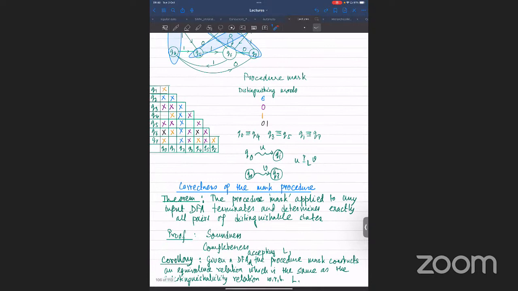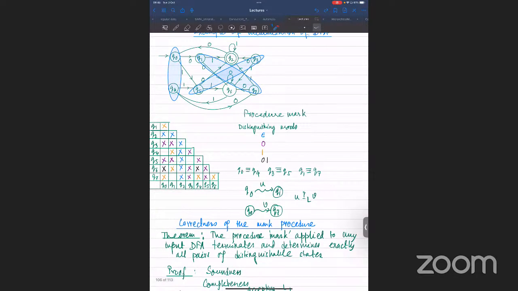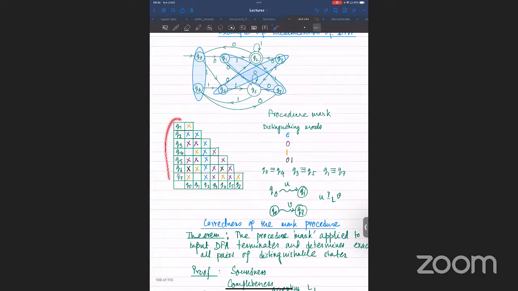Let's look at the correctness of the mark procedure formally. What are we saying? The procedure mark applies to any input DFA. Here is an input DFA. The procedure mark applied to any input DFA terminates and determines exactly all pairs of distinguishable states. We started with a table like this.